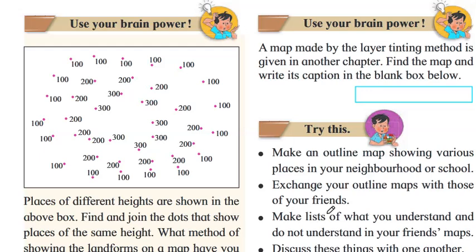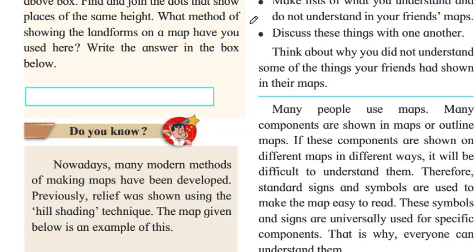Make lists of what you understand and do not understand in your friend's map. Discuss these things with one another. Think about why you did not understand some of the things your friends had shown in their maps.